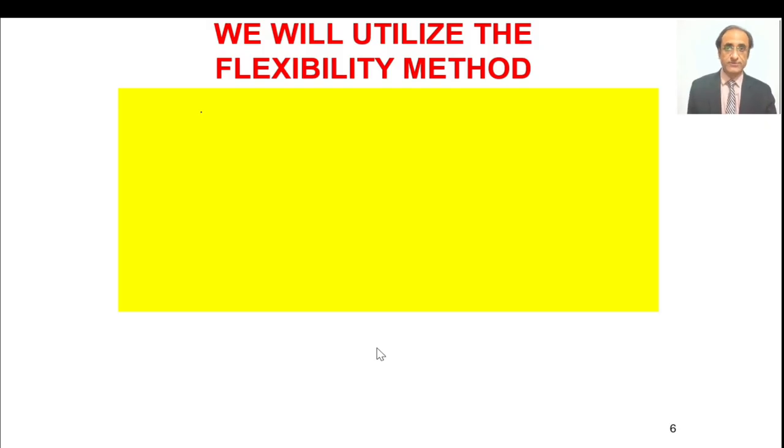First of all, we must see the definition of flexibility. Just like we have defined the stiffness coefficient Kij as the force required to bring about unit displacement along a particular degree of freedom, that is, we want to find out how much force is required along the degree of freedom I to induce unit displacement along the degree of freedom J. Now similarly, when we define a flexibility coefficient, we have to be cautious.